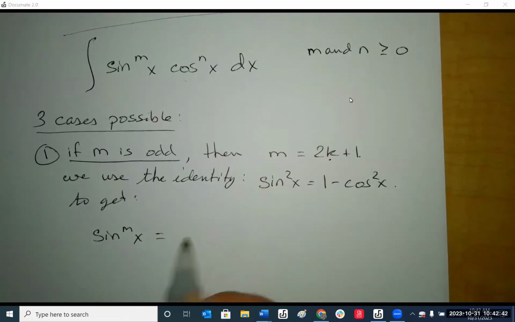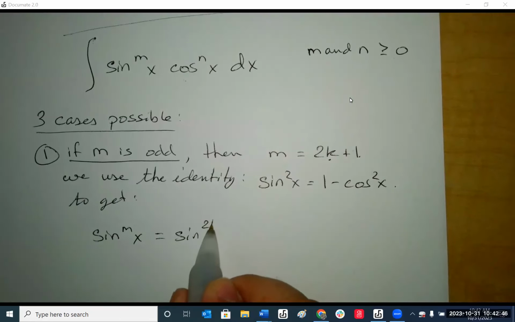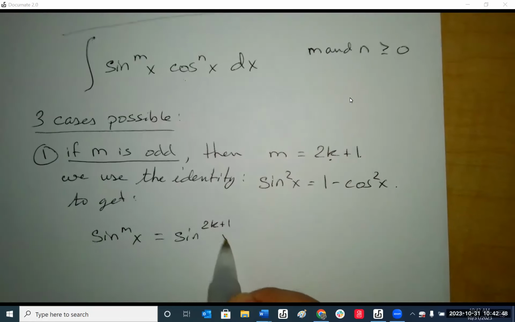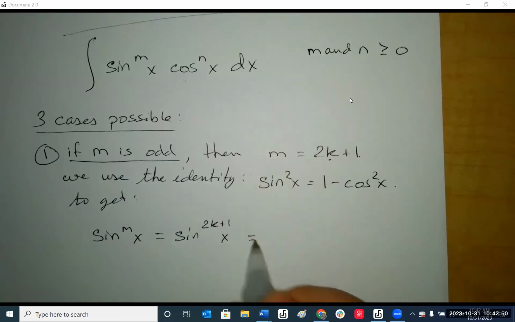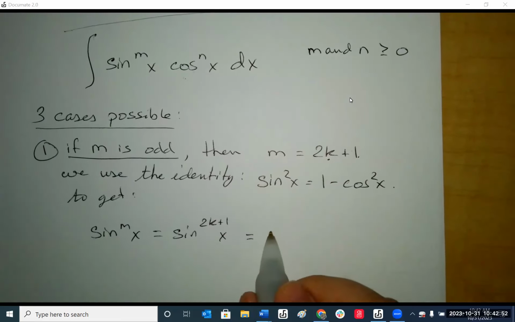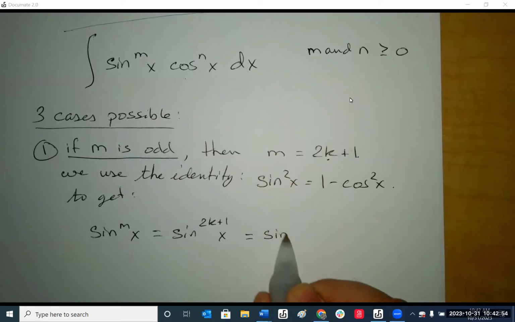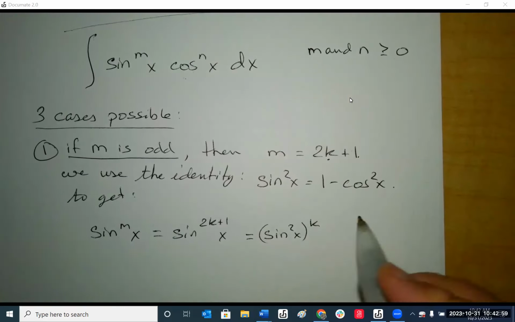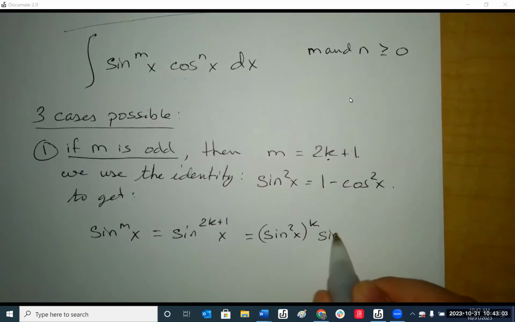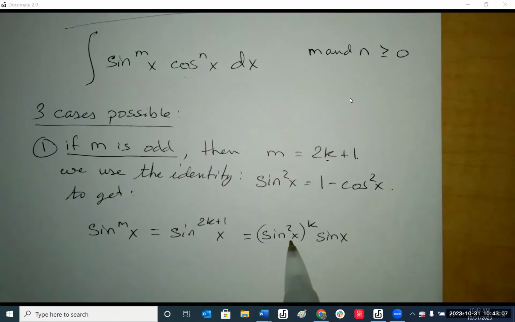Sine to the m x is equal to sine, remember m if it's odd is 2k plus 1, which is equal to sine squared x to the power k, times sine x. Remember the rules of exponents: if you have the same bases, then you add the exponents.